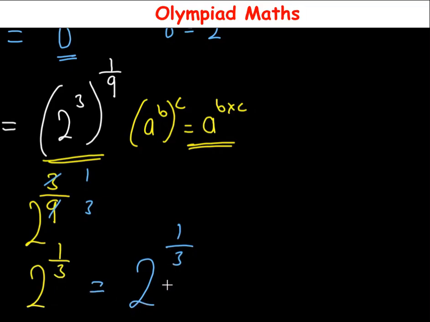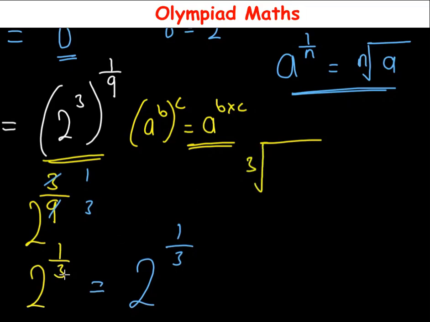But then let us bring it to its lowest term. So if you have a raised to power 1 over n, this equals the nth root of a. Applying this rule, 2 raised to power 1 over 3 becomes the cube root of 2 raised to power 1, and here also becomes the cube root of 2 raised to power 1.